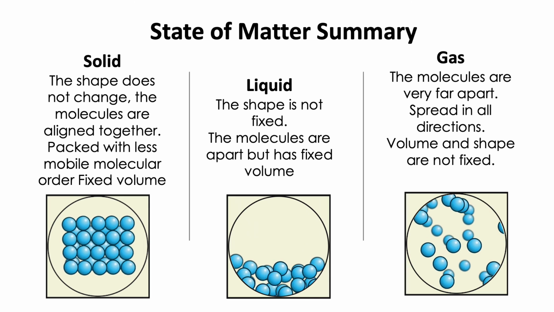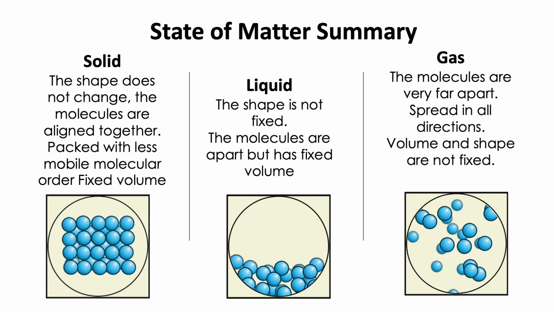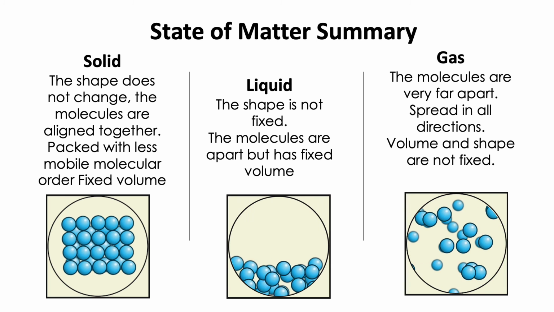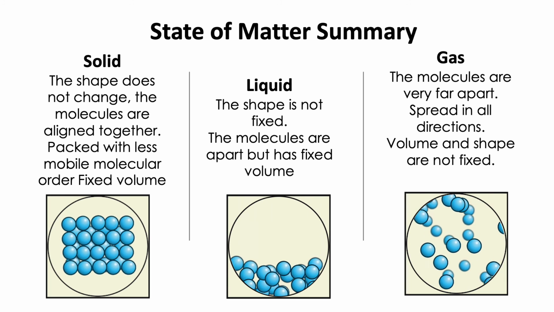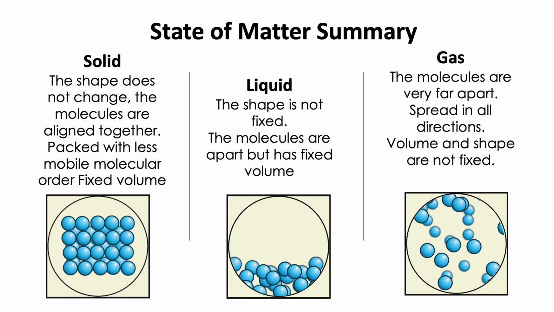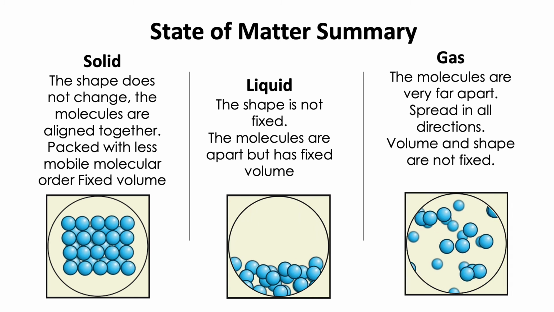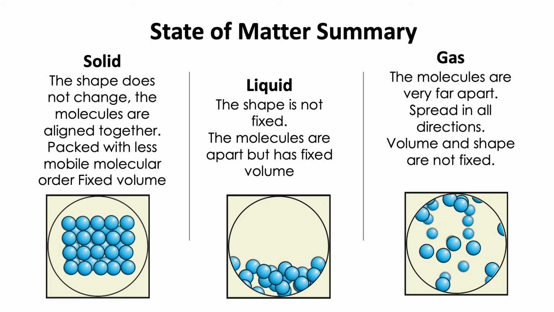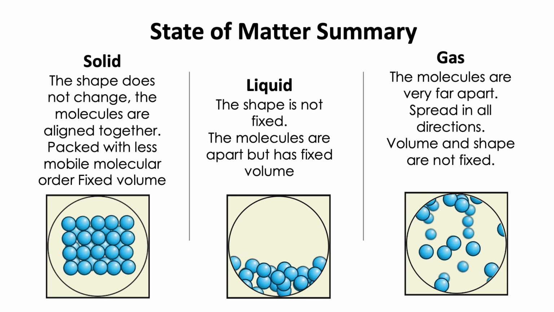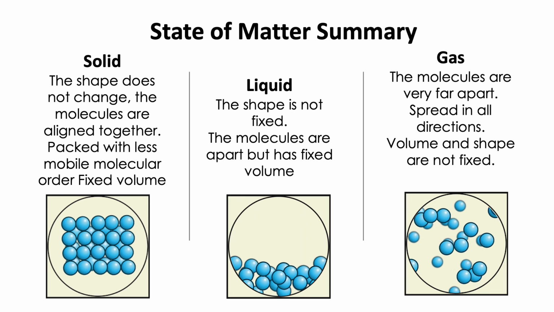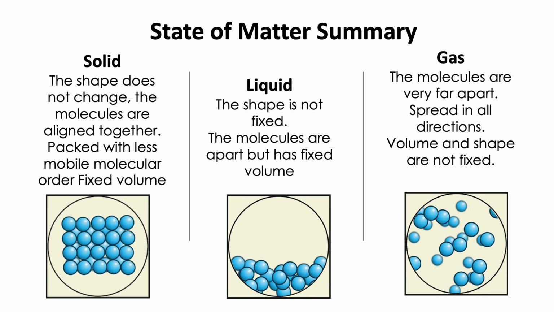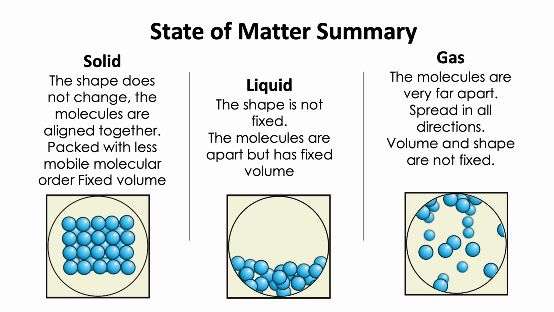You can see the molecules are not stuck together. So that is gas. The mass is the same, but the volume and the shape are not fixed or indefinite. So that is the summary of our lesson.